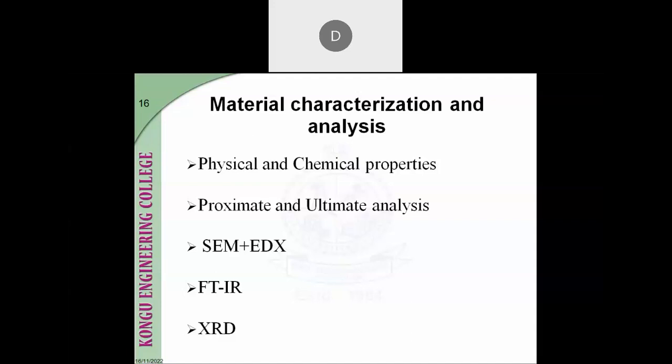Here, of course, the energy dispersive X-ray. This is a very popular method in recent days, because this EDS detector can produce more information about a sample when used in conjunction with the SEM. So if you combine both SEM and EDX, then it is really good.